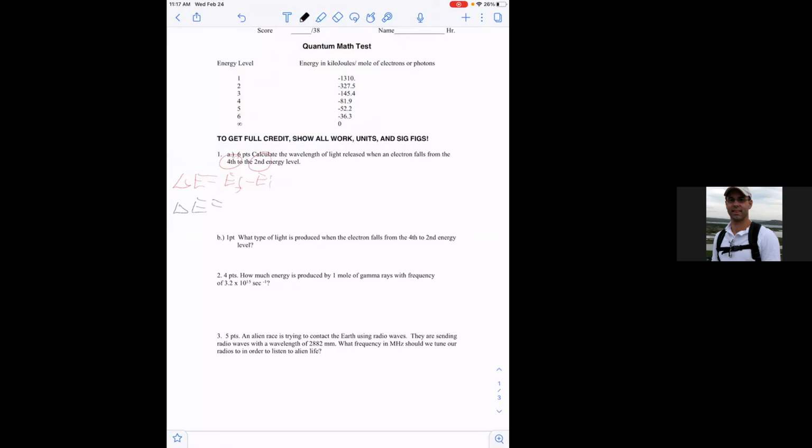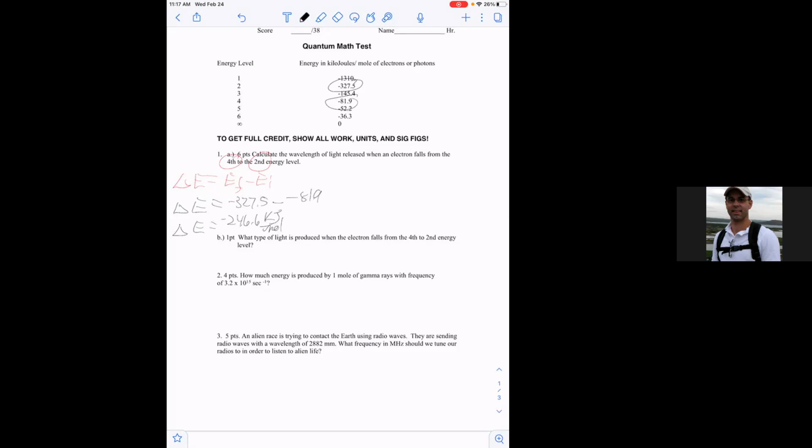So the final level is the second minus the initial, which is the fourth. Now, when you subtract a negative, you end up with a positive. So my change in energy is negative 245.6 kilojoules per mole. It's important to have that unit on there, Neil.